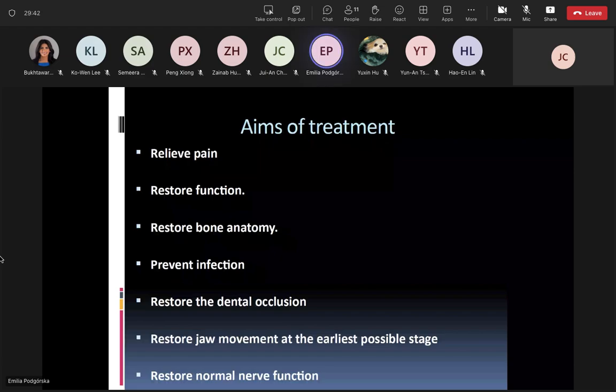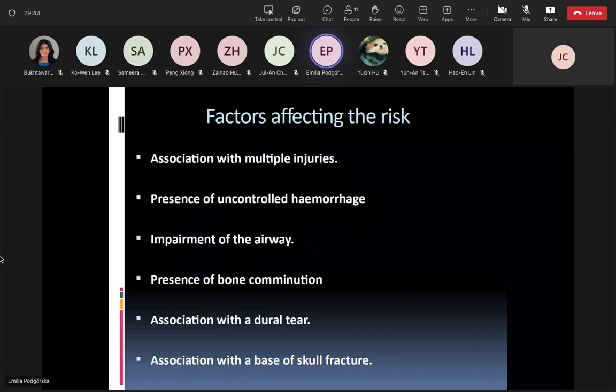Association with multiple injuries, presence of uncontrolled hemorrhage, impairment of the airway, presence of bone comminution, association with a dual tooth, association with base of skull fracture.